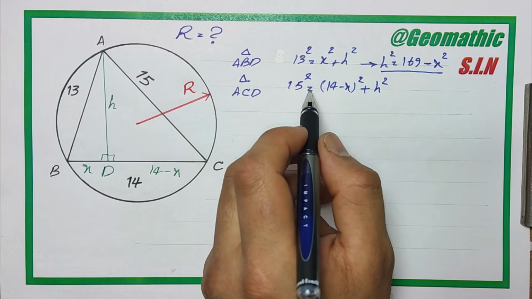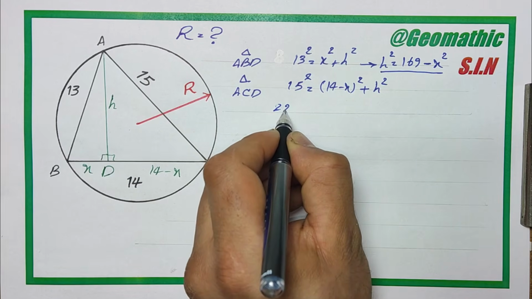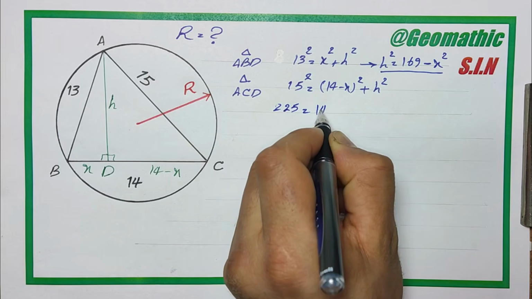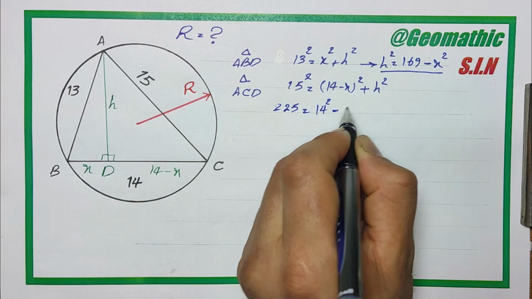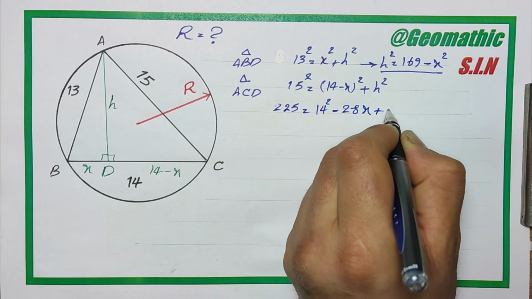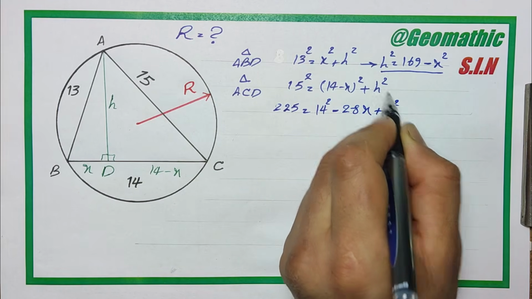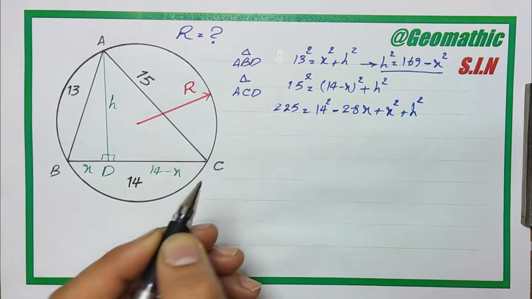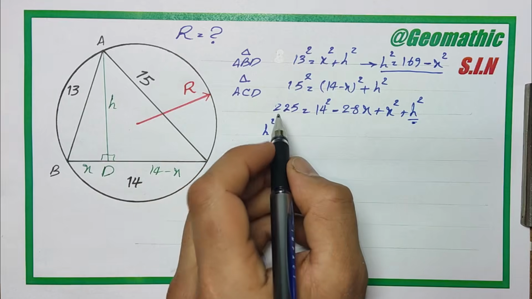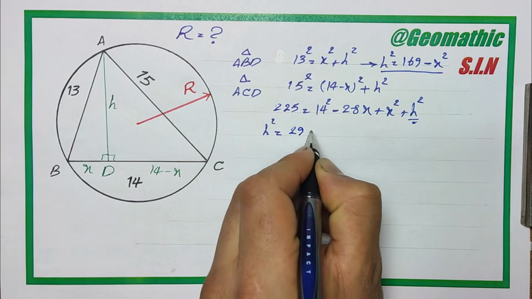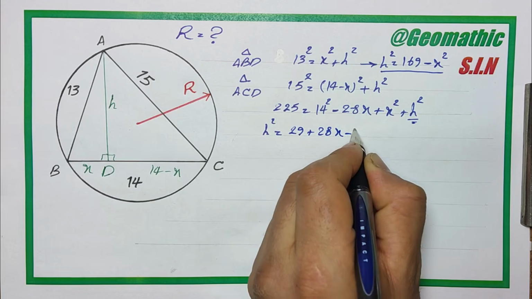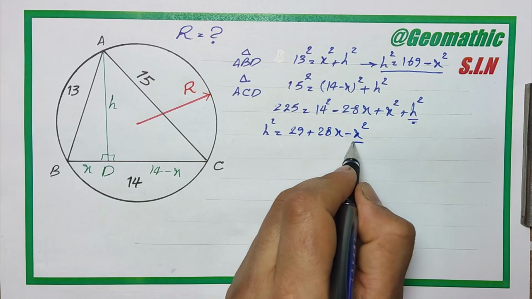Applying the identity, we have 225 equals 14 squared minus 28 times x plus x squared plus h squared. So h squared equals 29 plus 28 times x minus x squared.